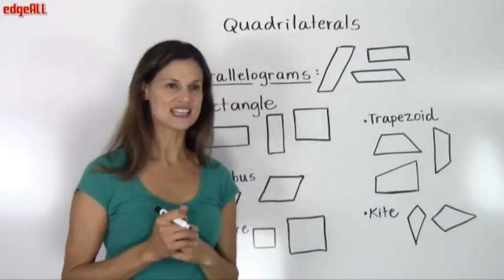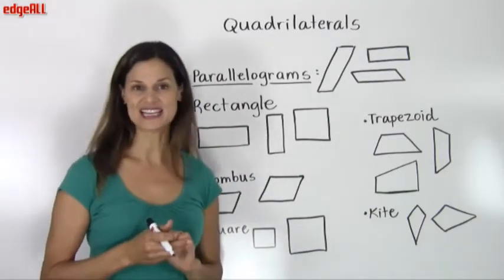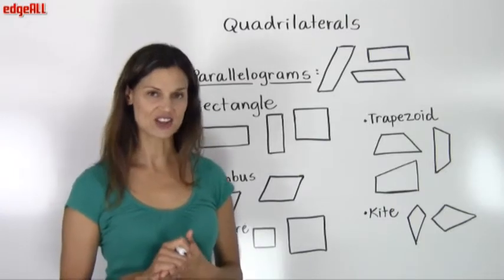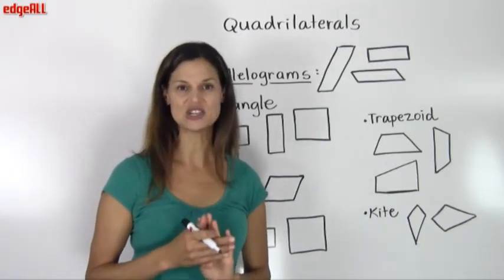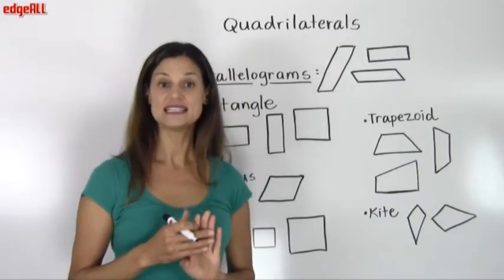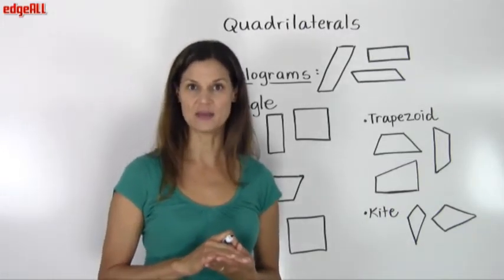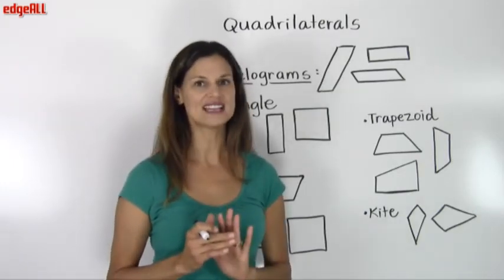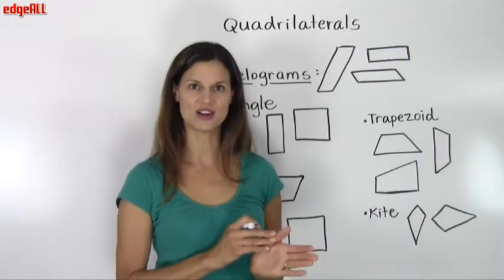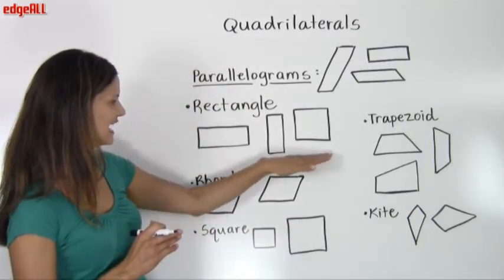So the first shape that we're going to look at, the first quadrilateral, is a rectangle. And a rectangle is a parallelogram with 4 90-degree angles. Since a rectangle is a specific type of parallelogram with 4 90-degree angles, all rectangles are also parallelograms. So I've drawn 3 examples of rectangles here.